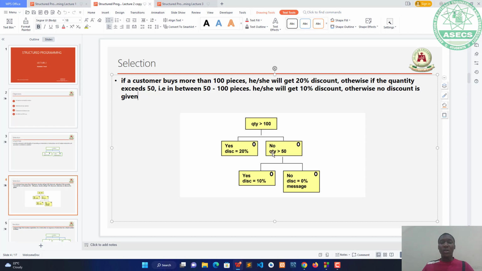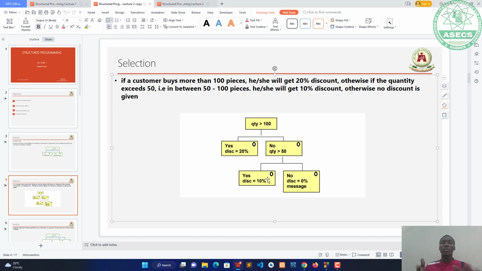Otherwise, if the quantity is greater than 50 but less than 100, that is why it comes here, since it is less than 100. If it is yes, it exceeds 50, so give 10% discount. Otherwise, there is no discount. Here it exceeds 100, give 20% discount. Otherwise it is below 100.